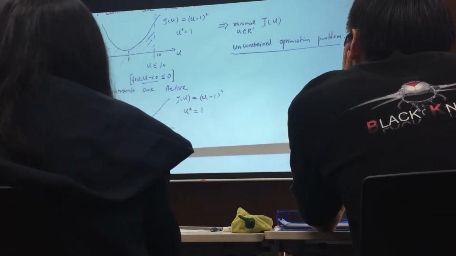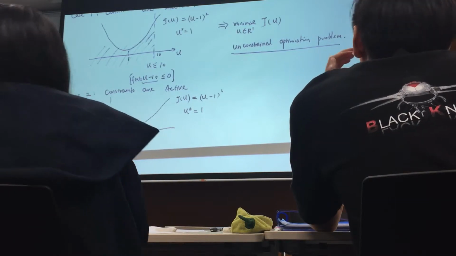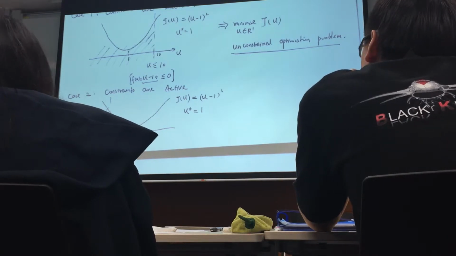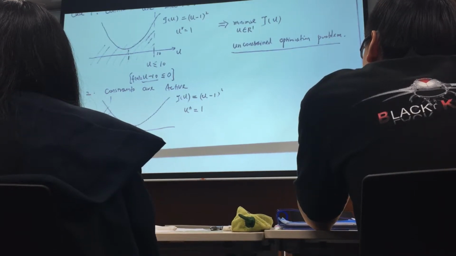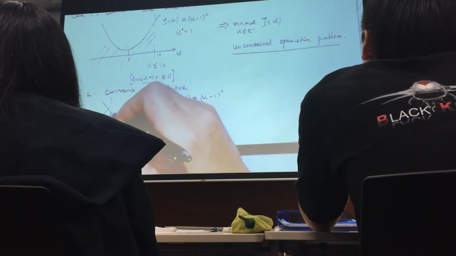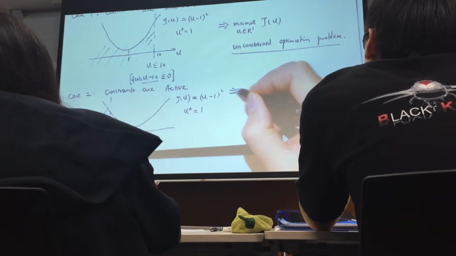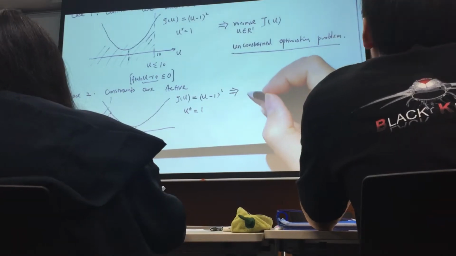So what will be the solution to this problem? The solution to this problem will be given at the boundary. So actually this problem can be converted to another problem.